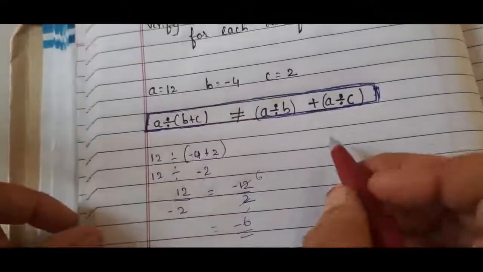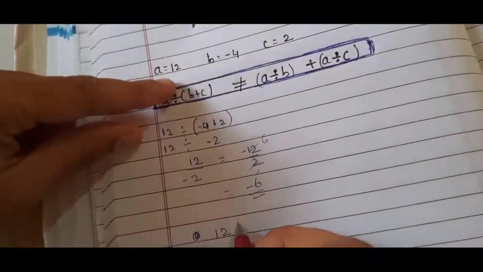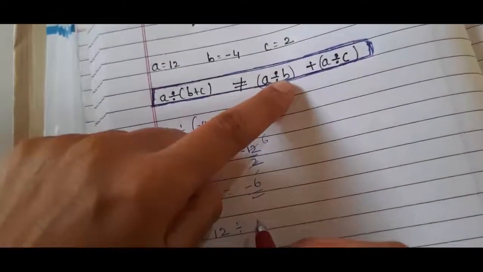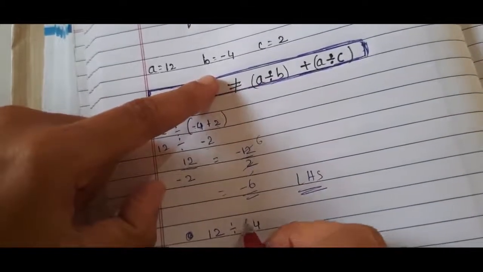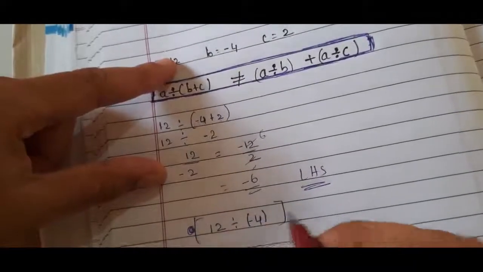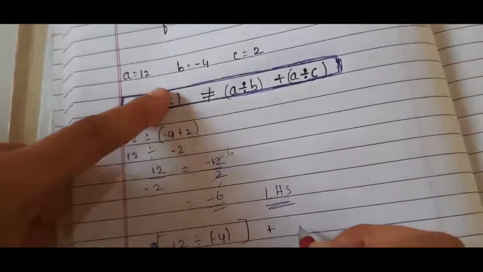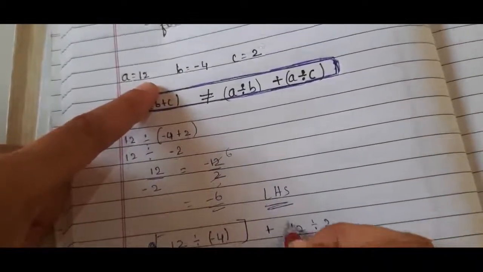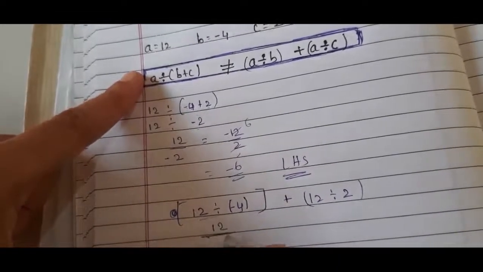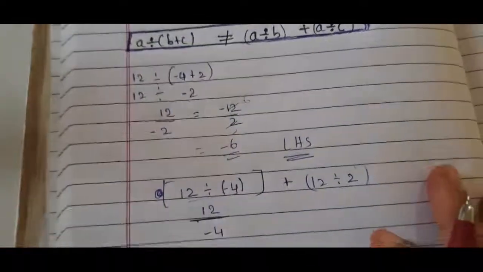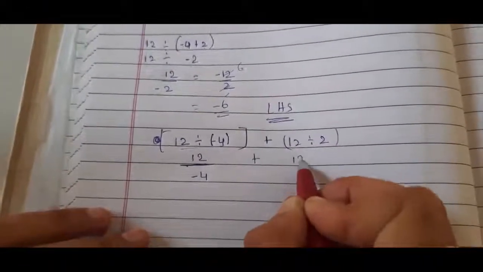Okay, in the RHS part, A divided by B, in the place of A I am going to write 12 divided by B, and B is what they have given, minus 4. I will take a bracket. Next, plus A divided by C, that is 12 divided by 2. I write 12 divided by minus 4 in fraction form, next plus 12 divided by 2.